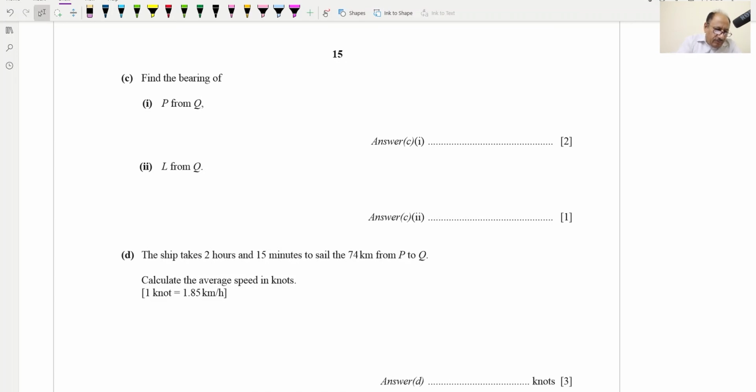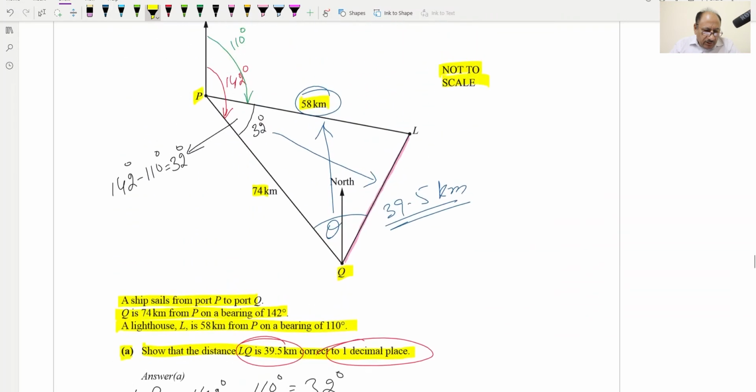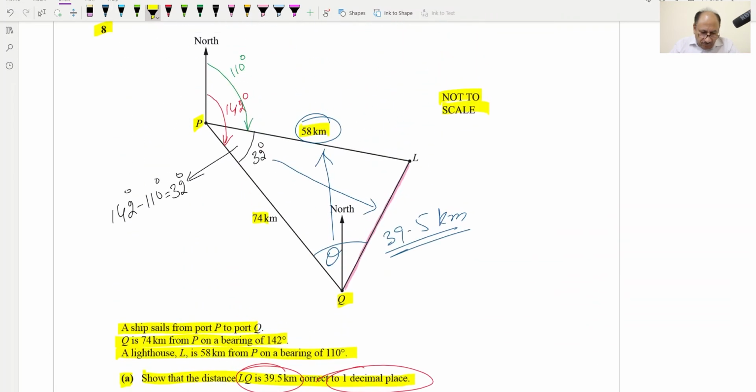Find the bearing of P from Q. So bearing of P from Q will be this angle, which is required. P from Q will be this whole angle, which is basically required.